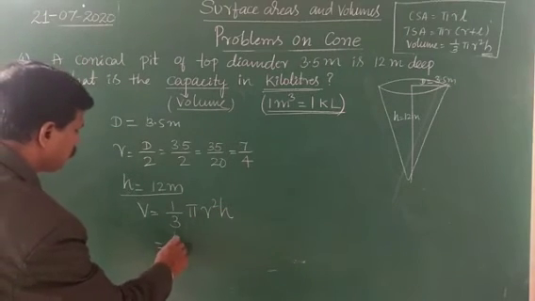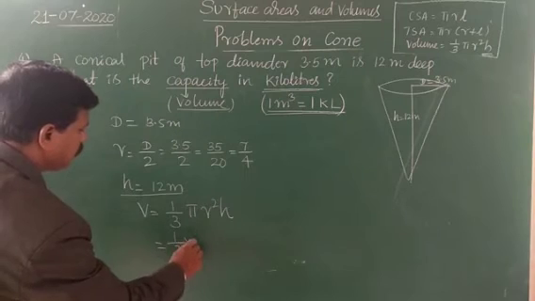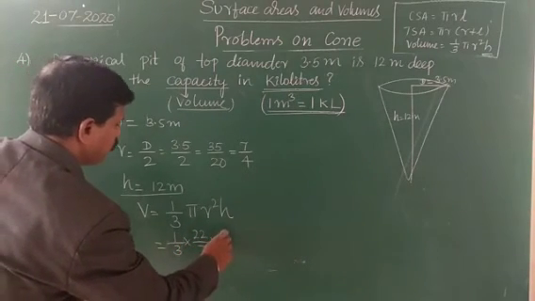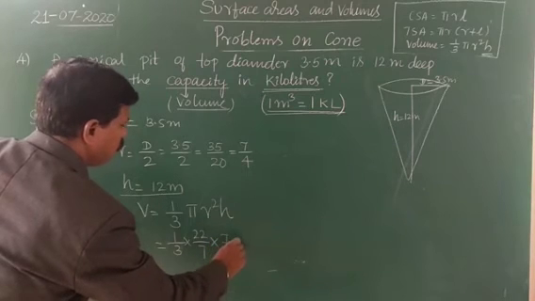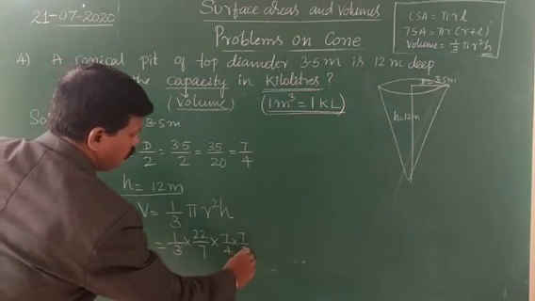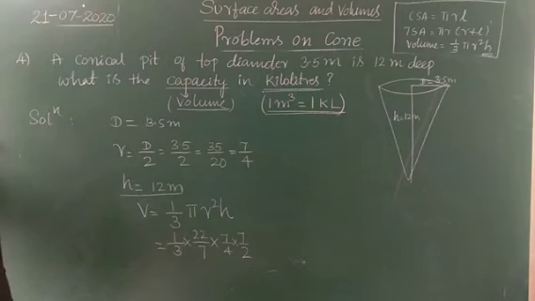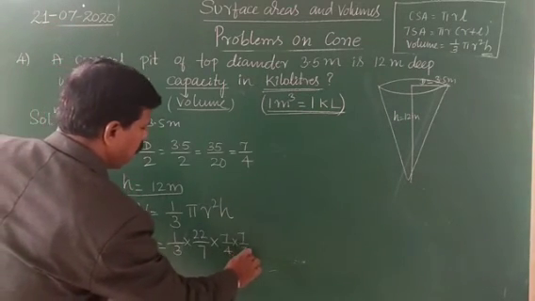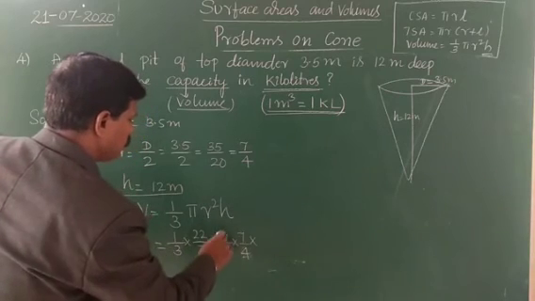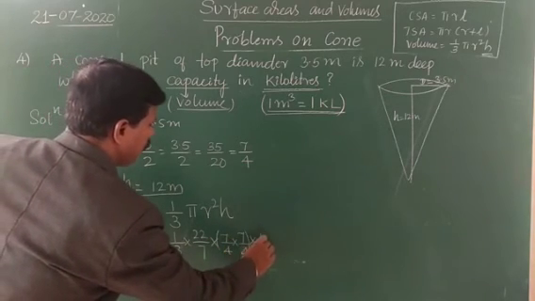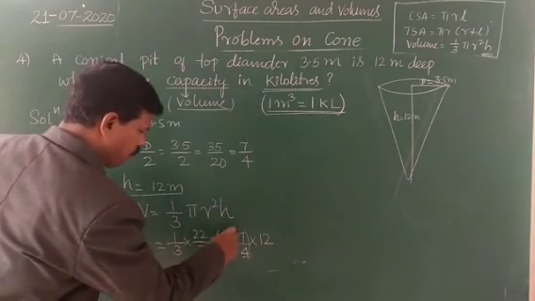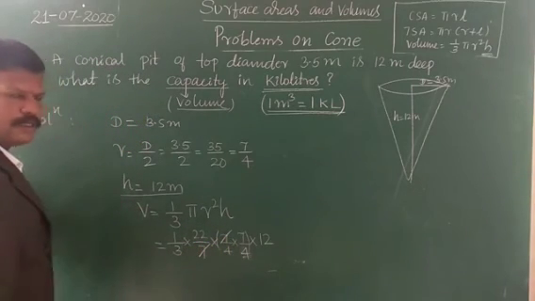Now substitute the values. 1 by 3 into 22 by 7 into r value is 7 by 4, square is there, so write down 2 times. 7 by 4, 7 by 4 into, so this is r square, into h is 12. Now simplify. 7 and 7 get cancelled.